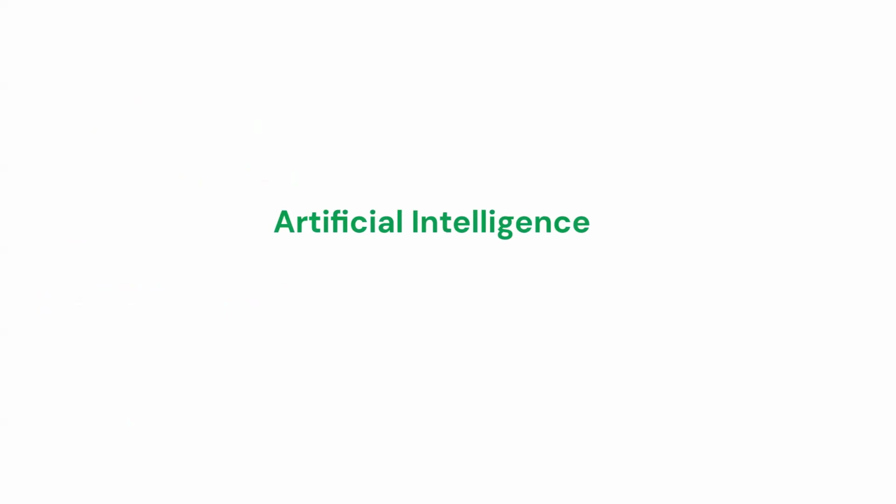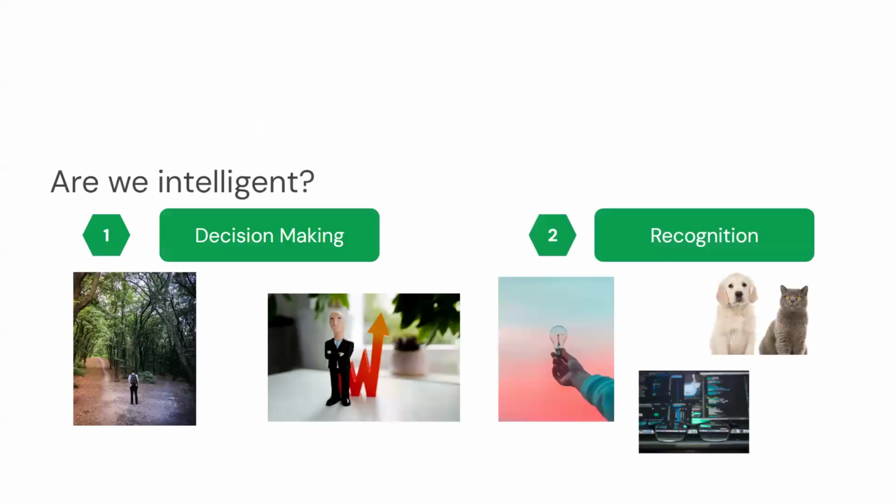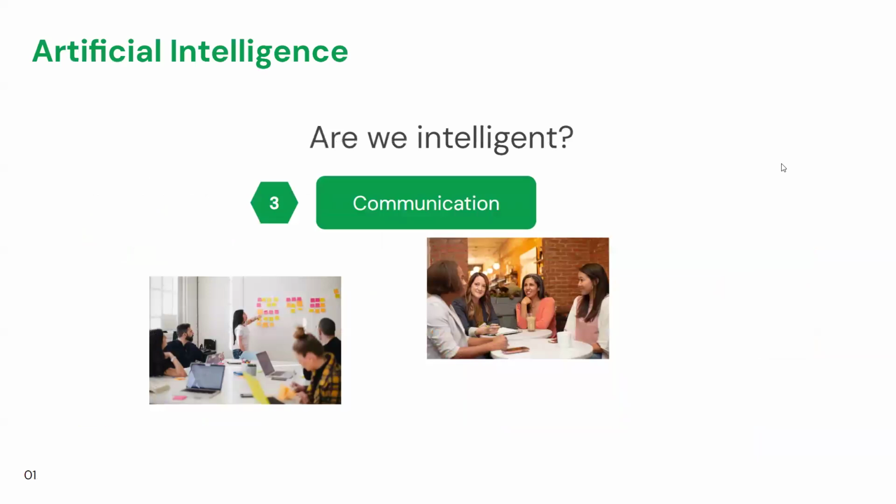So first, what is AI? As everyone knows, AI is all about making machines intelligent. It's about the knowledge we have as humans: decision making, recognition skills, communication.